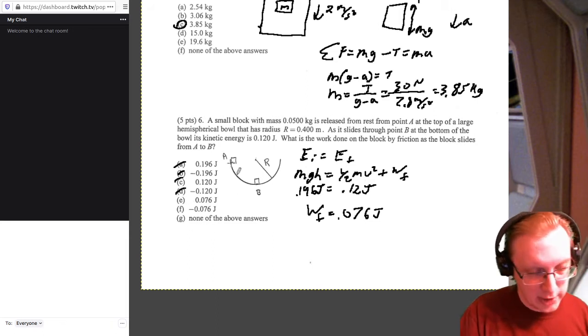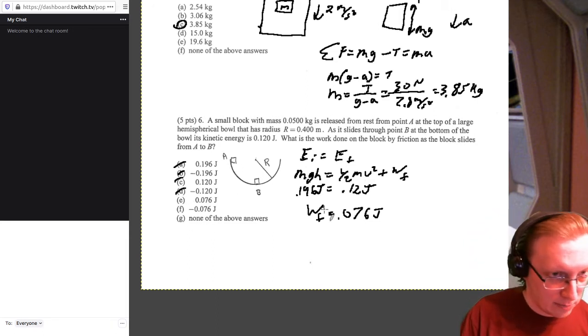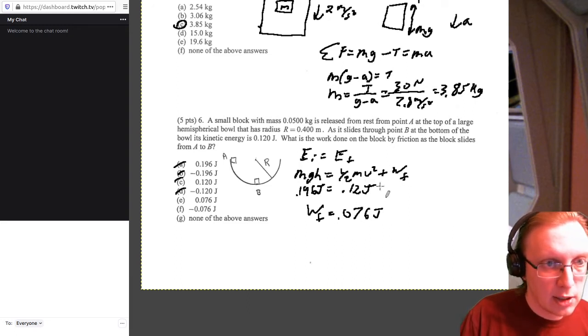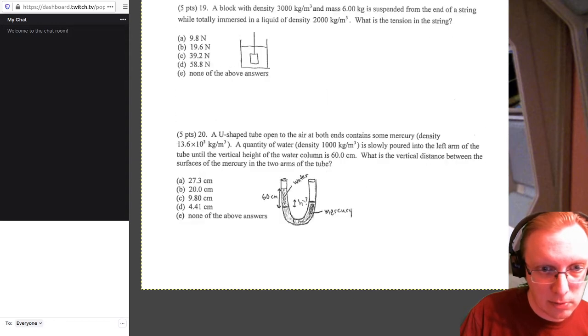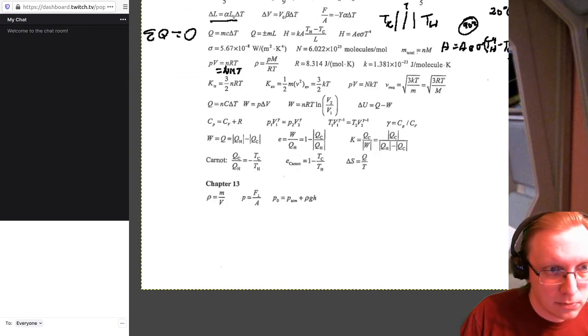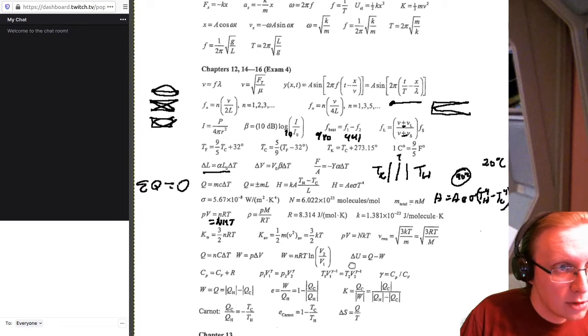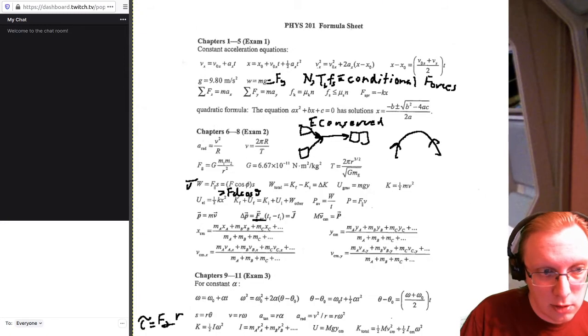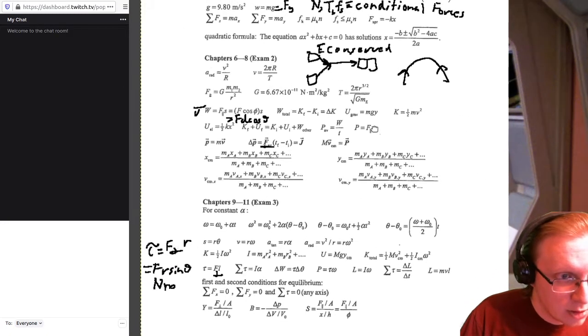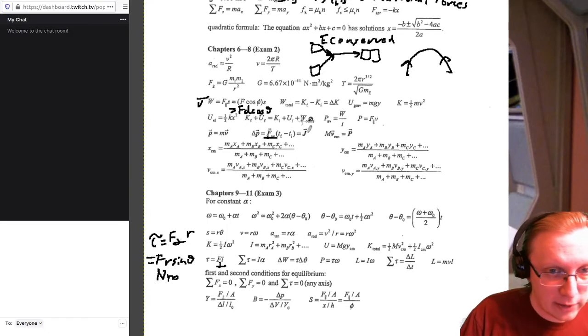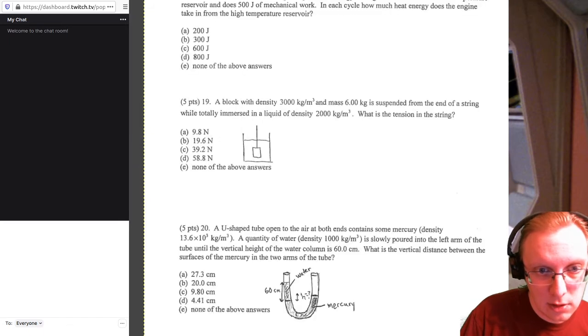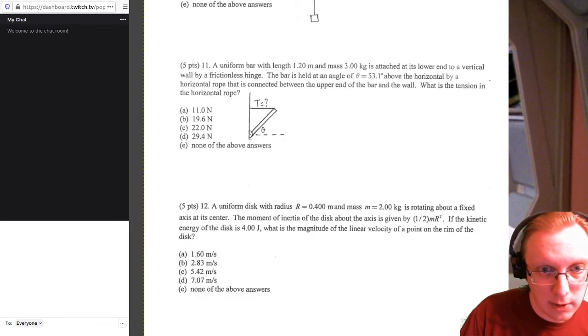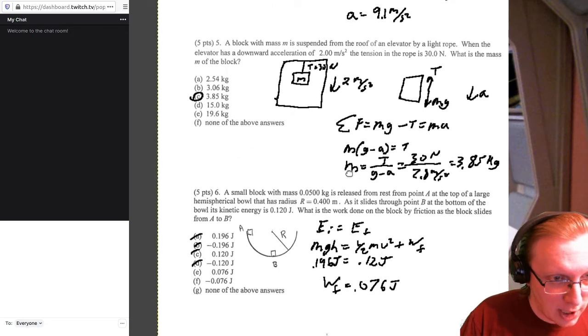So now we get to these two here, and we have to make sure we get the right sign. My work of friction is positive because I put my work of friction on the final side. But if you go back down here to the bottom, where's my work of friction? Here we are. Work other, like friction, goes on the initial side, not on the final side. And so I've actually put it on the wrong side.